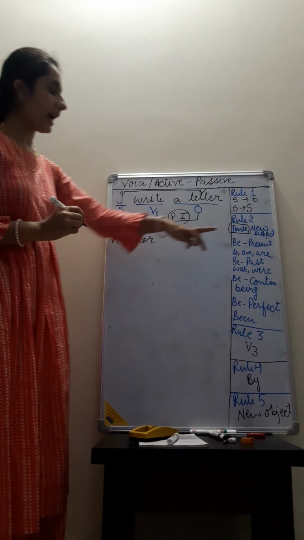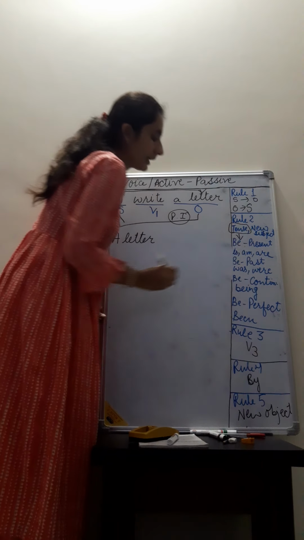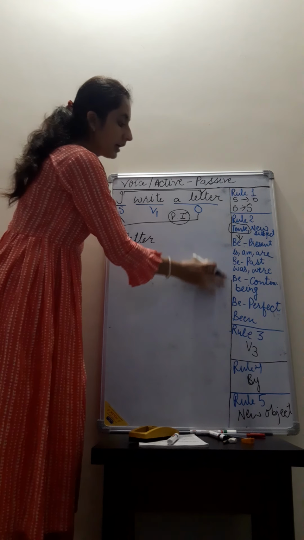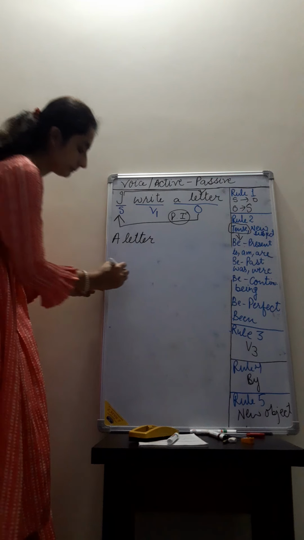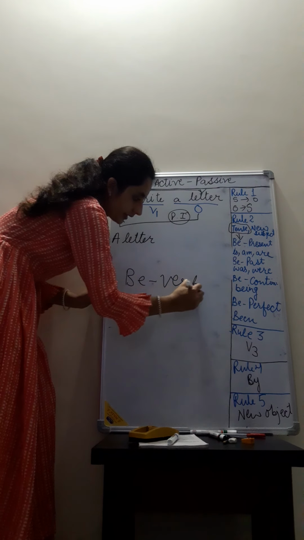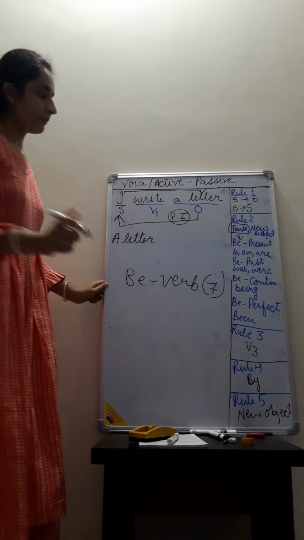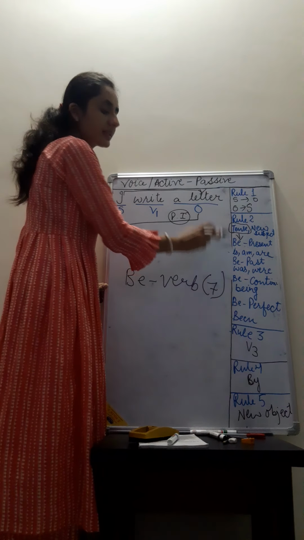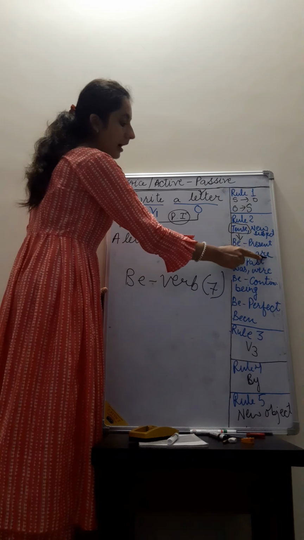Okay. By checking the tense, select the be form. Be is a verb. It has a total of 7 forms. In present, be has 3 forms, which are is, am, are.